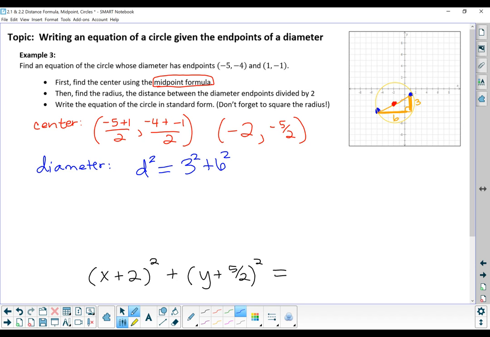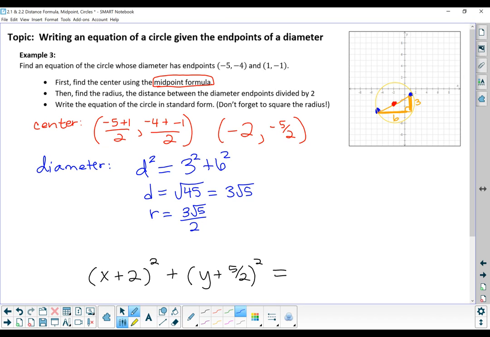Well, 9 plus 36 is 45. So D is root 45. The radius is half of that. So the radius would be 3 root 5 over 2.